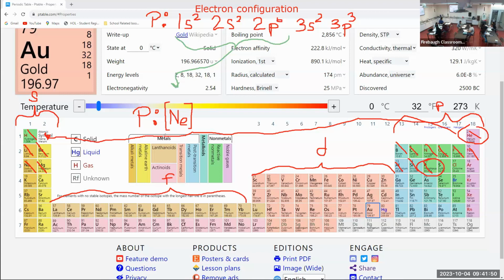So then we just go right after neon, and then we'll go 3s2, and then 3p3. And you can only use noble gases because noble gases, they're like a core. They're stable, right? And they represent like a core.